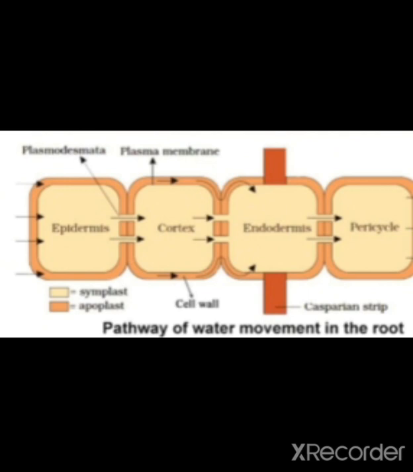As water evaporates into the intercellular space or the atmosphere, tension develops in the continuous stream of water in the apoplast. Hence, mass flow of water occurs due to the adhesive and cohesive properties of water.